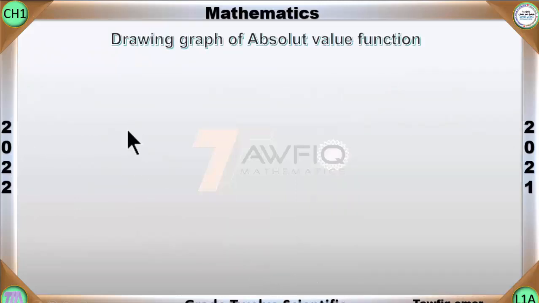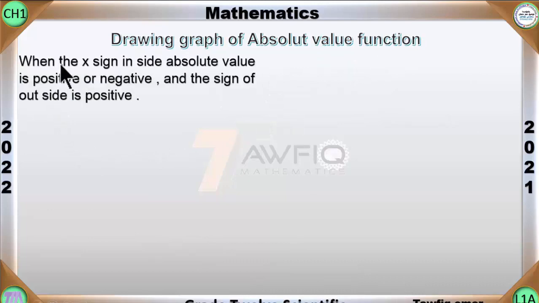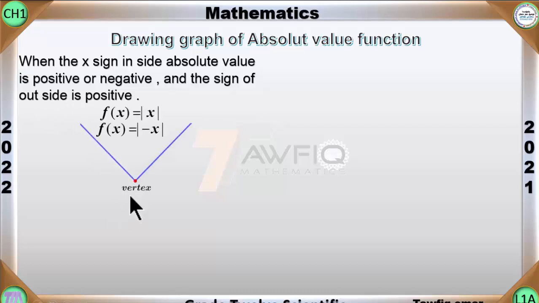Drawing the graph of absolute value functions. When the sign of x inside the absolute value is positive or negative and the sign outside is positive, the graph will be like this, and this is the vertex of the absolute value.